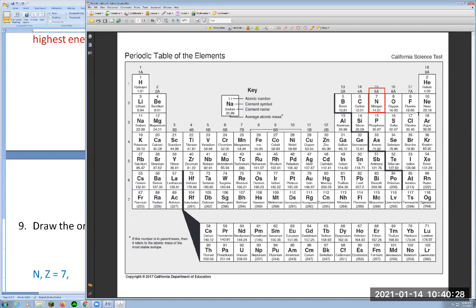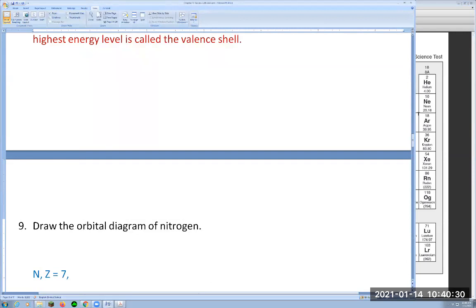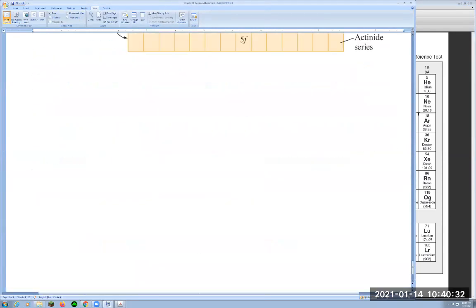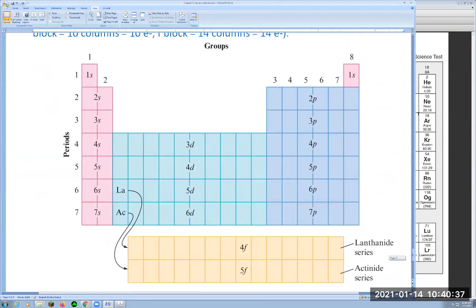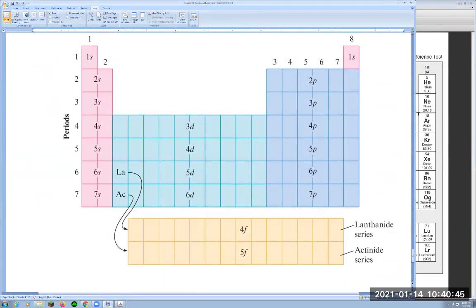So let me switch and go into a different drawing here. This is a periodic table that you can use to help you see that. This represents what we call blocks. And so the 2 first columns on the left, group 1A and 2A, are the S block.